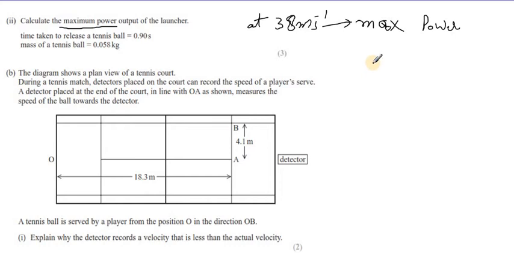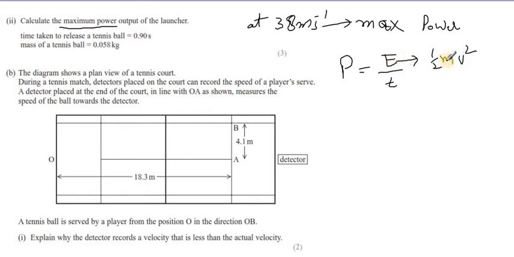So you can say that power is equal to energy over time, and basically this energy would be half mv squared, and for v you can use 38 meter per second to find the energy, and time is given as 0.9 and mass is 0.058.